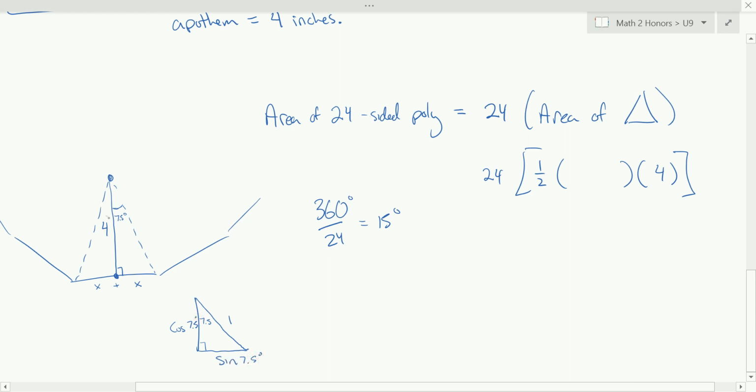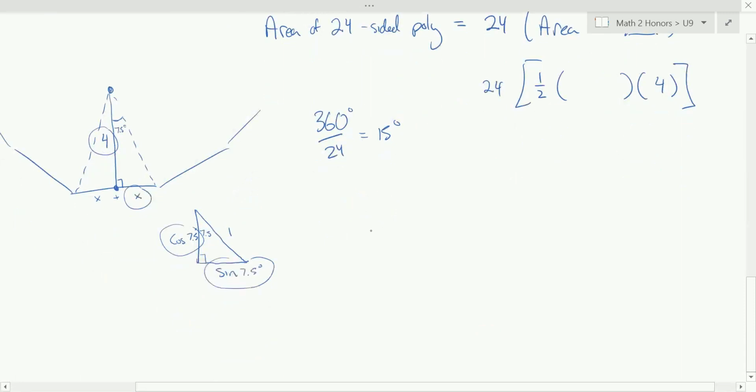And 4 and x correspond to cosine and sine. And when we use both sine and cosine, remember we're going to change it to tangent. And tangent is sine over cosine, so I need to put it in that order. So x over 4 is the sine of 7.5 degrees over the cosine of 7.5 degrees, which is the same thing as the tangent of 7.5 degrees.